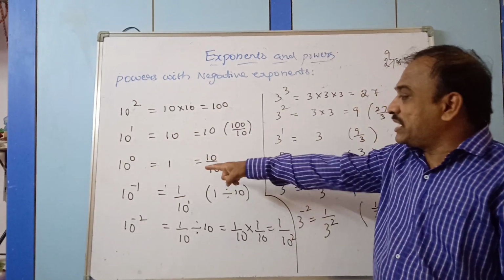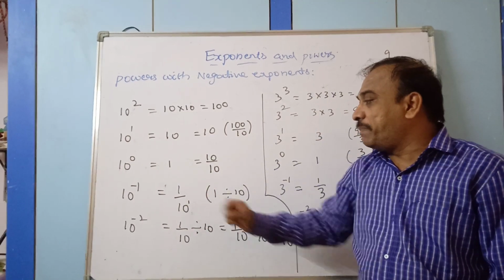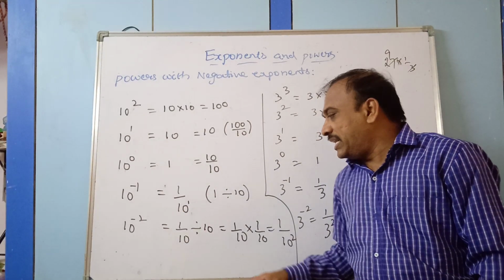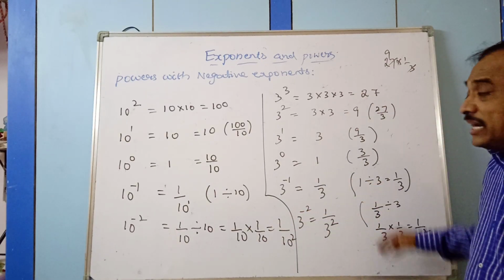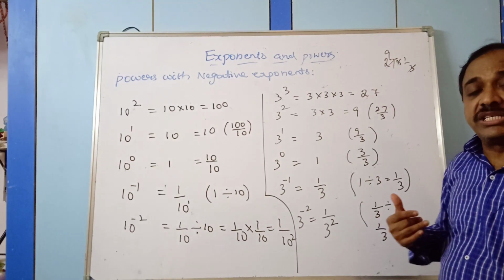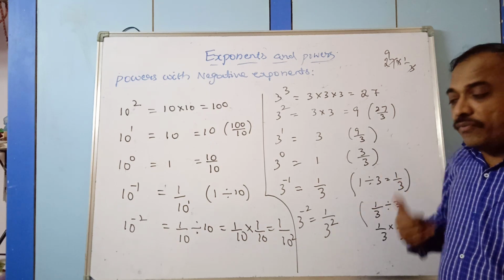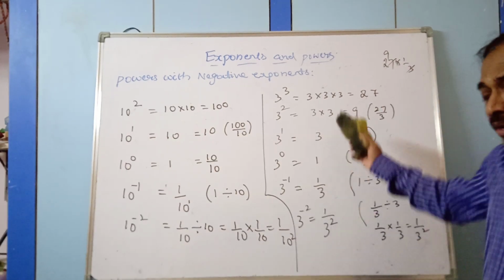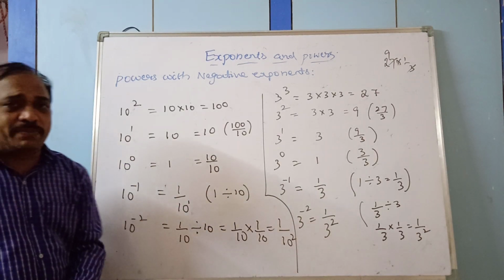Here you see negative exponents. Now we wrote 10 power minus 2 as 1 by 10 power 2. Is it clear, children? If a negative exponent comes, how do we convert it into positive? What we are doing is 1 by. Now I hope you understood how to express it.